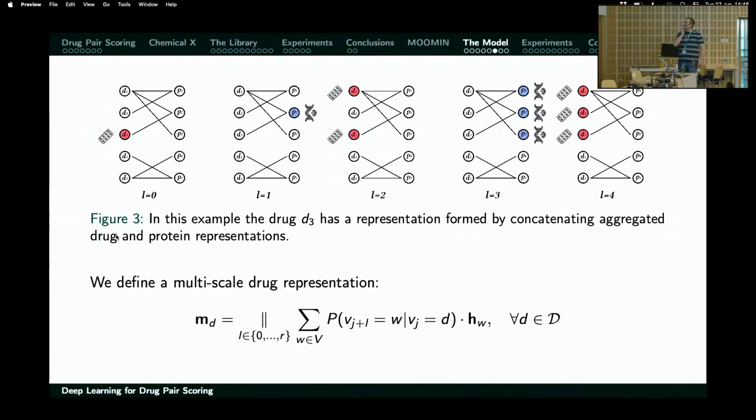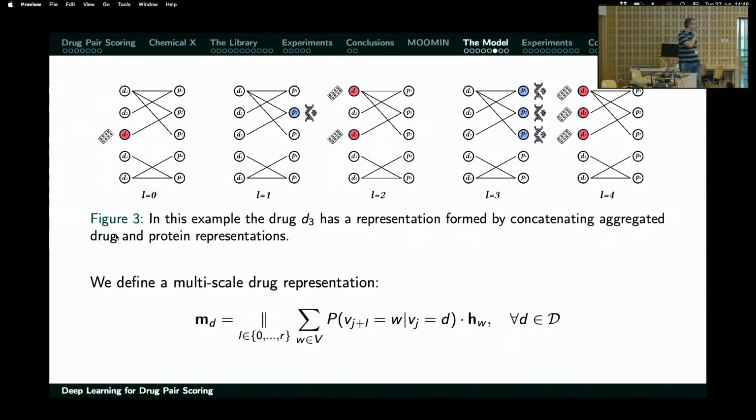And another thing that we can note is that if we take a random walk on this graph, then when you are at even steps, and you started from a drug, you are always going to hit drugs. And if you are at an odd step, you are always going to hit proteins.